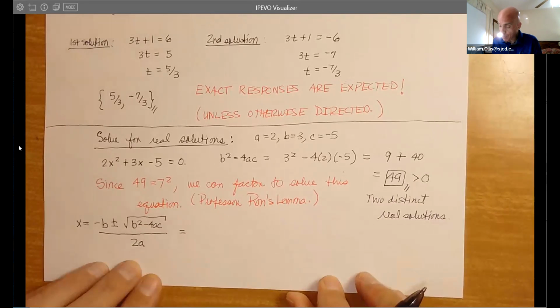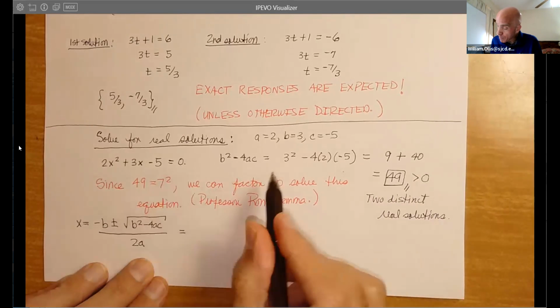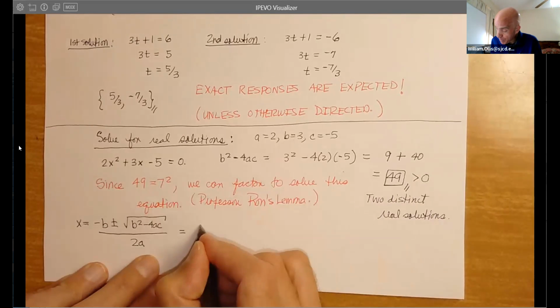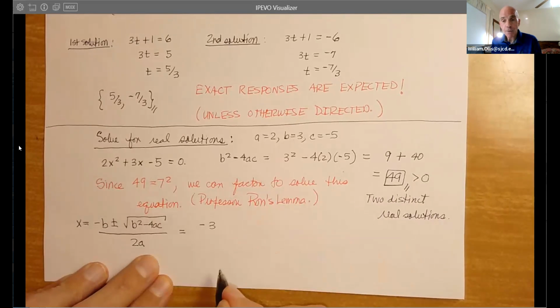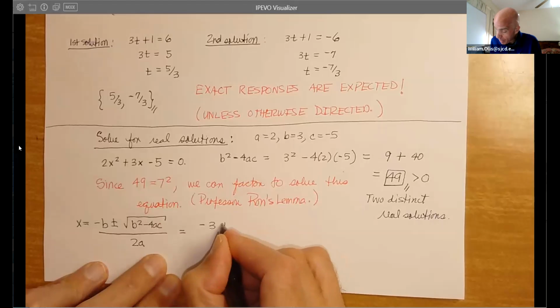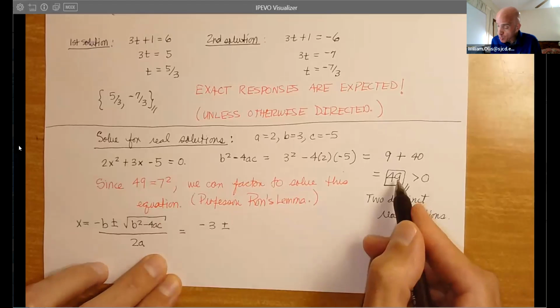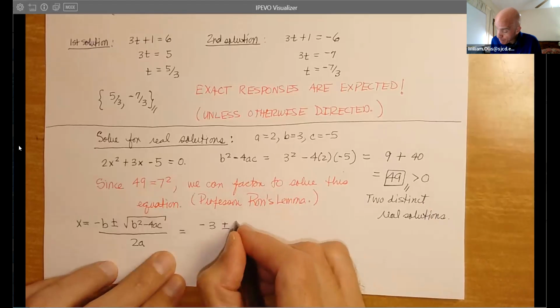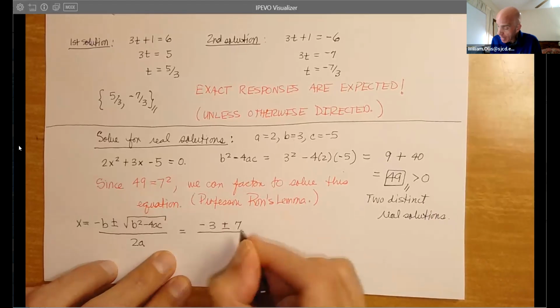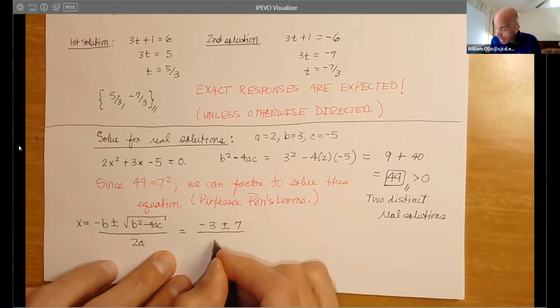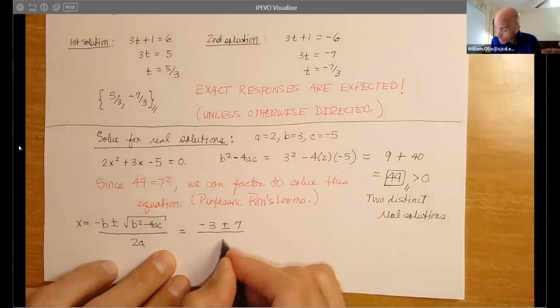So let's go ahead and fill everything in. So we go up to our b, the opposite of b, -3, plus or minus. Now we know that the square root of 49 is 7, so we have plus or minus 7. And then we have 2 times 2, which is 4.